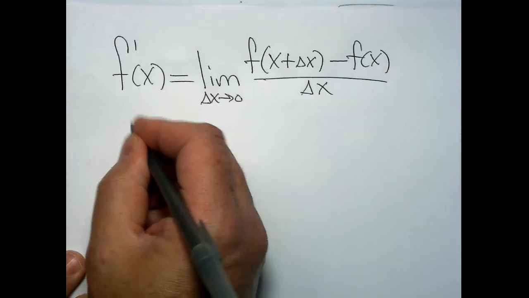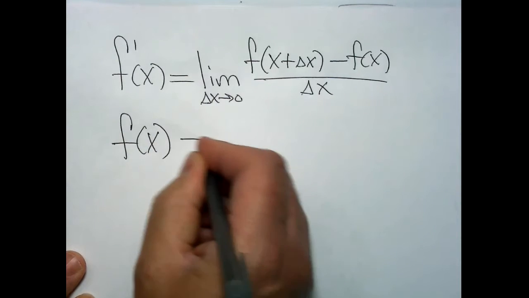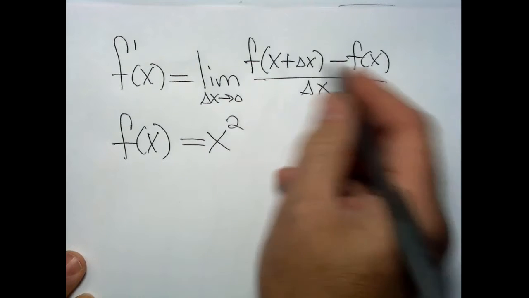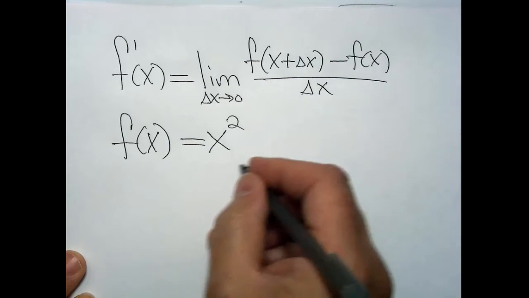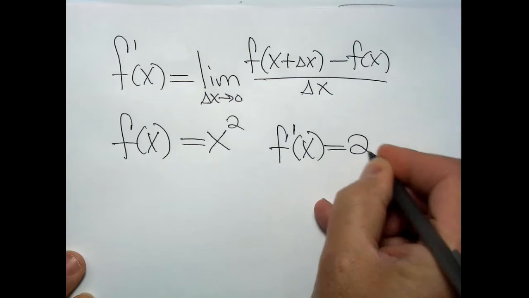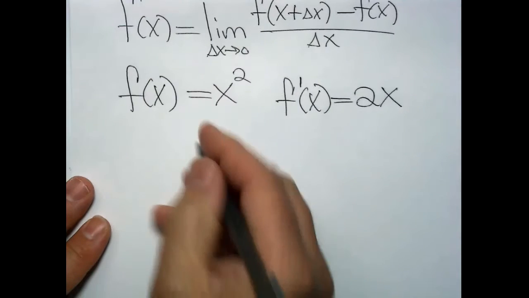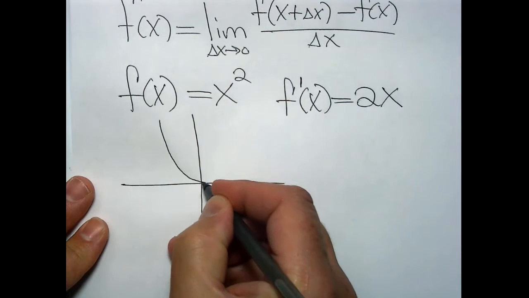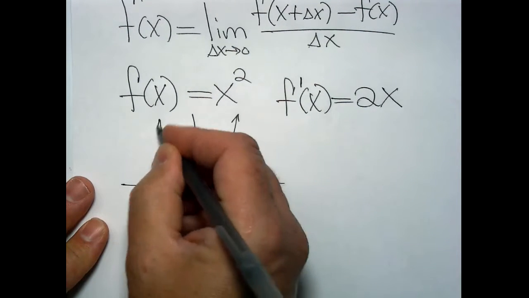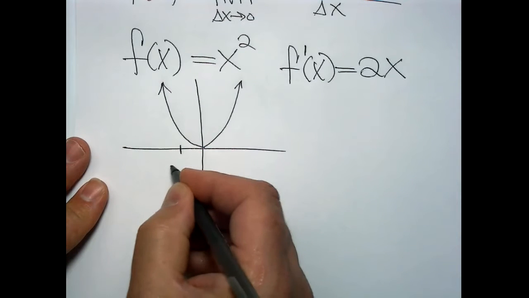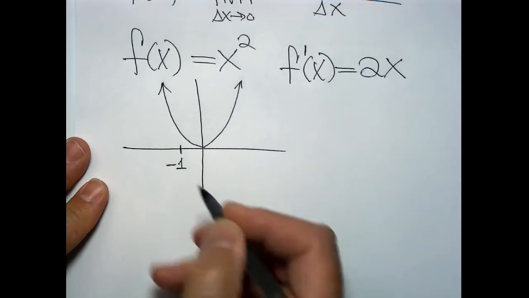In the previous video, I had a function that was this function here, x squared. I did go through this entire process, and I learned that f prime, the derivative function, was 2x. And what that implied was that if I drew the x squared curve, I could go wherever I wanted, let's say right here at x equals minus 1.